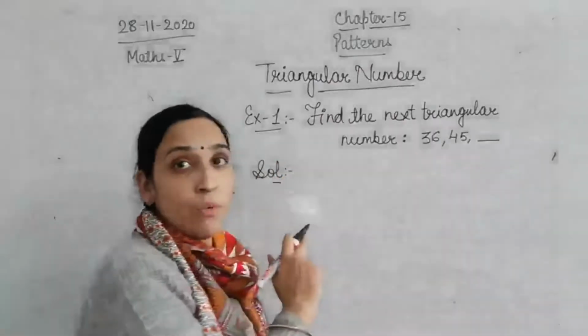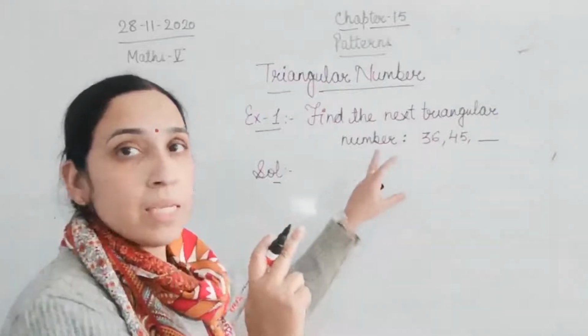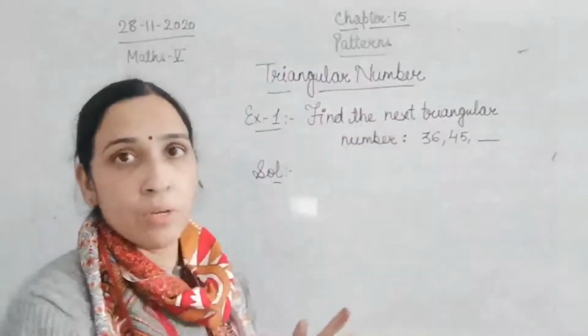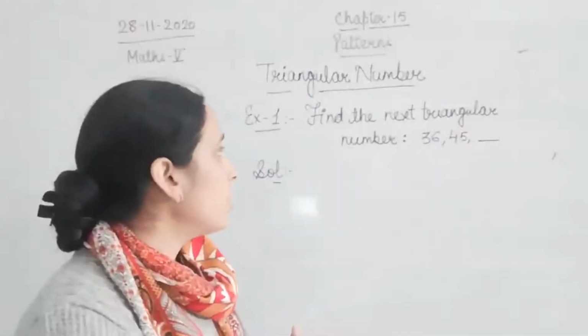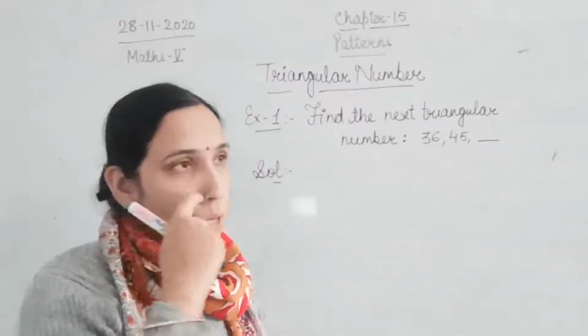This kind of question will come in the exercise also. Example 1: find the next triangular number after 36 and 45. So how will we find it?